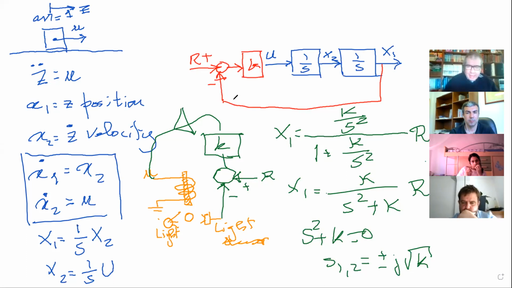Perhaps buying an extra sensor. What I'm going to do is, instead of putting the gain here, I'm going to feed back the position, but the velocity as well. Okay. And so I will have two gains.